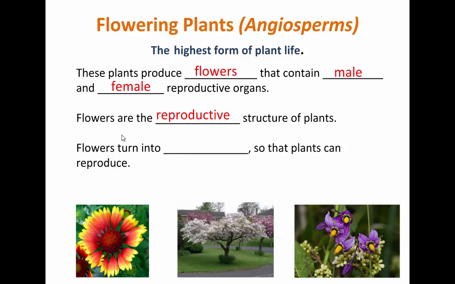We give somebody a bouquet of flowers for their birthday, and really we're just giving them the reproductive organs of a plant. And eventually, the flowers, after reproduction is completed, will form seeds, which is the next generation of that plant. Seeds like an embryo.